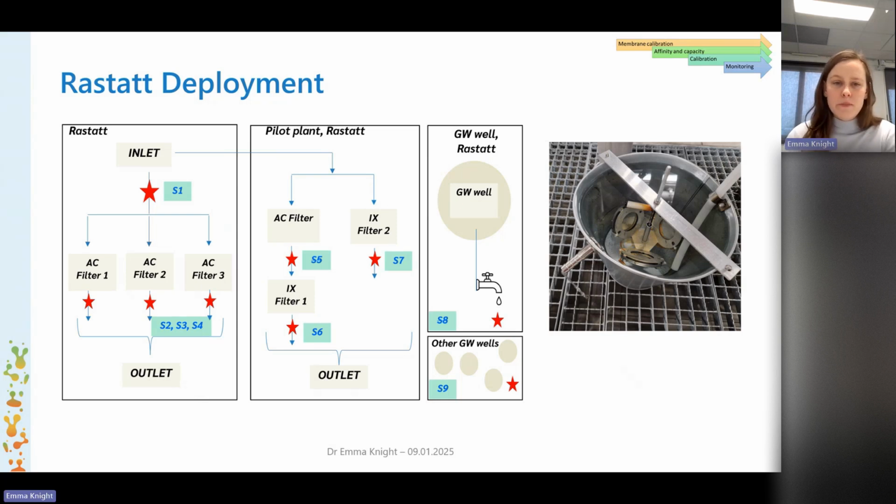And then also at the pilot plant at Rastatt, after consecutive activated carbon filter and ion exchange resin, and then also after an ion exchange resin. We also measured in some groundwater. And again, this is the bucket system where we can see the POCs inside the bucket, the MPTs in the bucket, and then the DGT at the very bottom, and then the overflow.